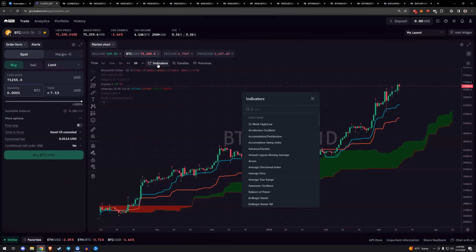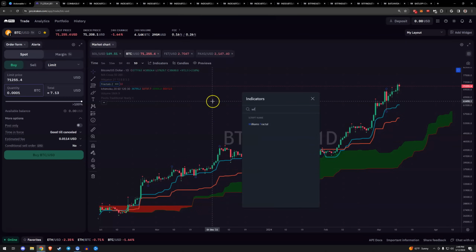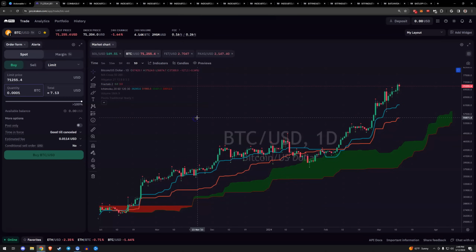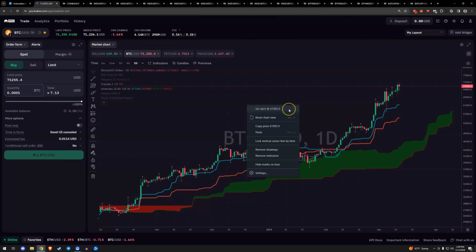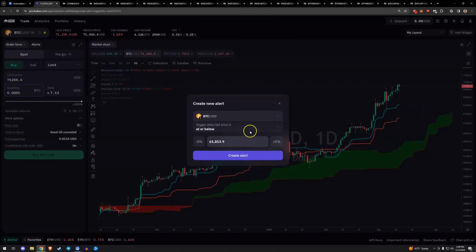If you want to add the cloud, you can just type in cloud. It'll populate there. And then for fractals, you can just type in WF, and those are the fractals I'm talking about. One other thing I'll mention on Kraken, they've added alerts on right click on the chart. So you just right click anywhere you want on the chart and set an alert at X level. In this case, if I want an alert at the Tenkan, I can set that alert at or below X level, plus or minus X%.